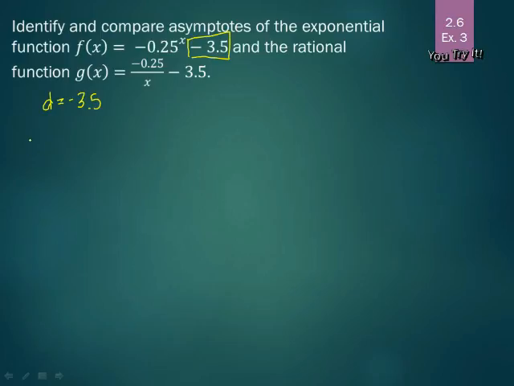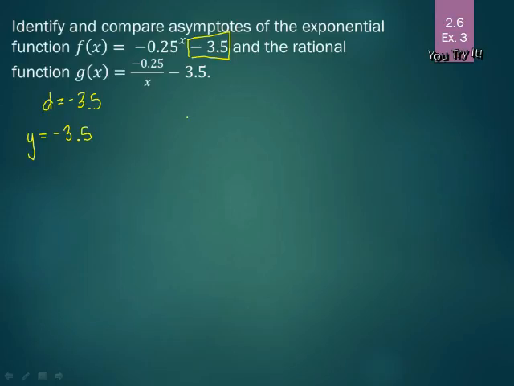And it tells us that basically our graph can never touch y equals negative 3.5. And that stems from the fact that negative 0.25 to the x can never equal 0 in some way. And so that's why y can never equal negative 3.5.